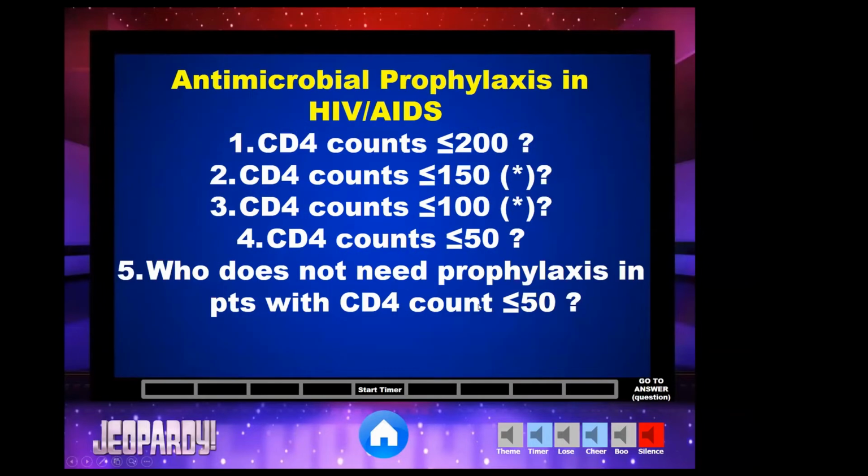So this is a 5-part question. Each part has 100. So antimicrobial prophylaxis in HIV/AIDS. I don't want the medication. I want what do you give prophylaxis against? For CD4 count less than 200, less than 150, and for 150 there's a star because you need to be a little specific, less than 100 you need to be specific, and less than 50. And for patients who are less than 50, this is the 5th part, who does not need prophylaxis.